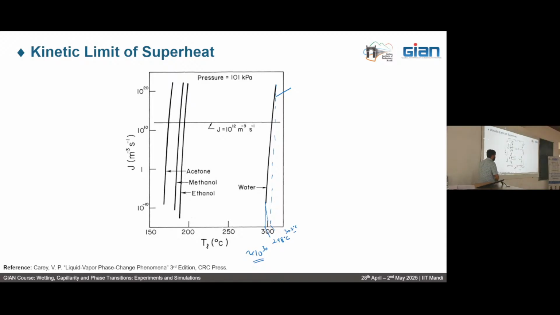So here if we take just 1 cubic meter of water, the rate would be 10 to the minus 10, a very low rate. But as we increase the temperature beyond 305, 306 degrees centigrade, this jumps to a very high number. So this is all governed by the kinetics we have when we talk about the metastable liquid and what leads to the formation of bubble embryos there.